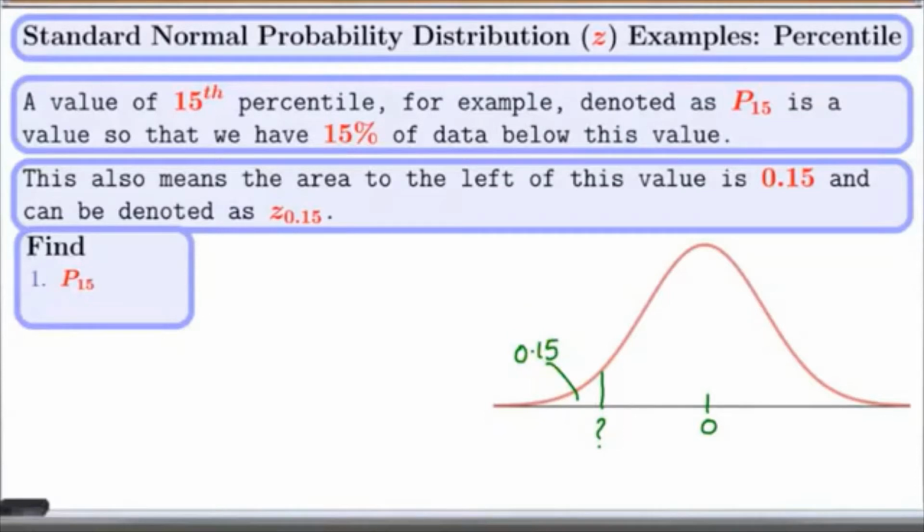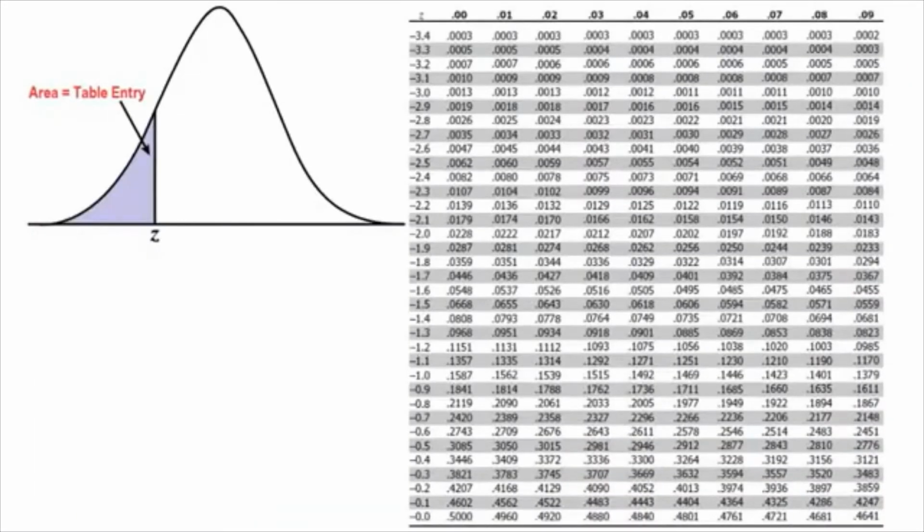So let me pull up my table first. So we look for 0.15 among these tiny 4 decimal place numbers. If you can't find the exact number 0.15 here, then we look at the closest number. So in this case, it is 0.1515, which is right here.